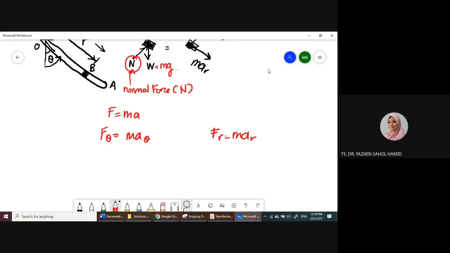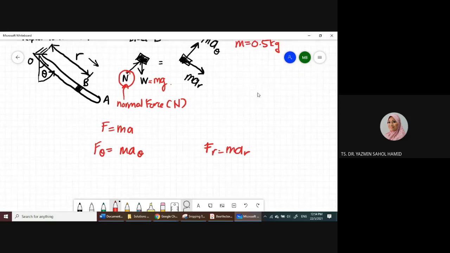Now let's have a look at F theta equals m a theta. Look at the free body diagram. So from the free body diagram, let's say we know the direction of our theta. If we want to write down the equation, we have to look at the figure above.